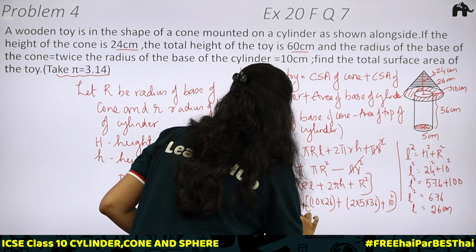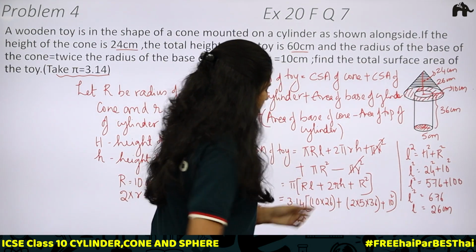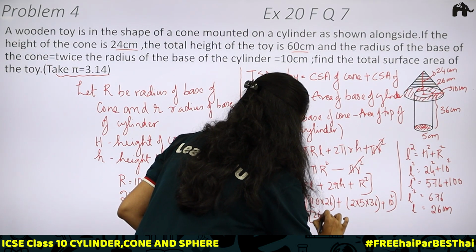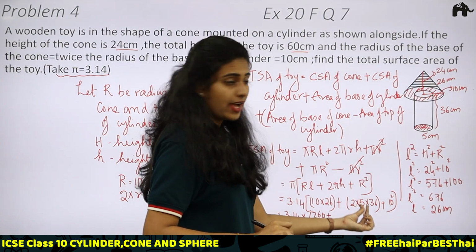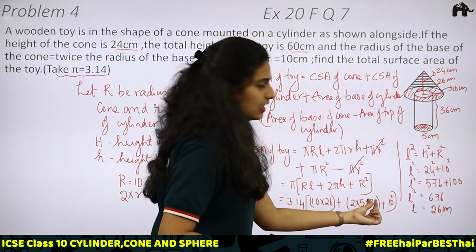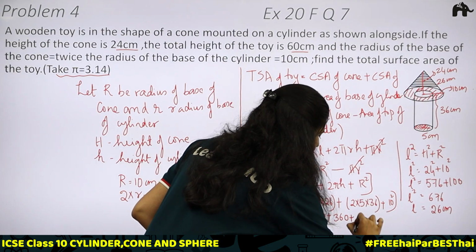That is equal to 3.14 into 26 into 10 is 260, plus 2 into 5 is 10, 10 into 36 is 360, plus 10 square is 100.